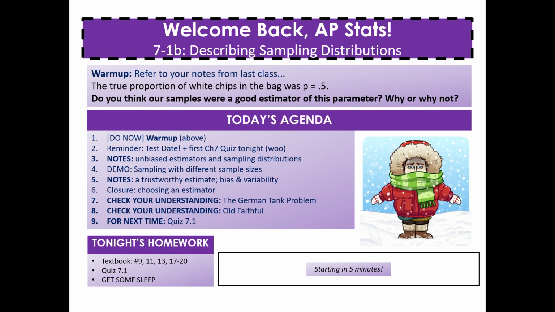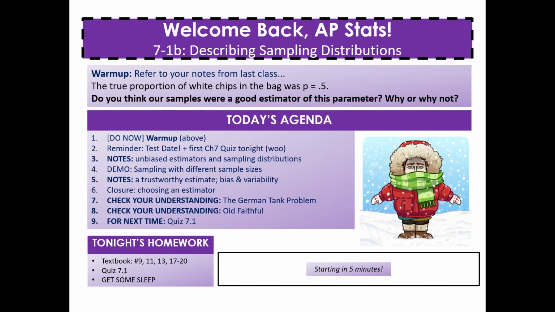We're going to pick up today with 7.1b in the textbook, which is all about describing sampling distributions. We're actually going to skip the warm-up for today, but I want to talk about it very quickly. Last time in class, we drew those samples of white and green chips from the bag.